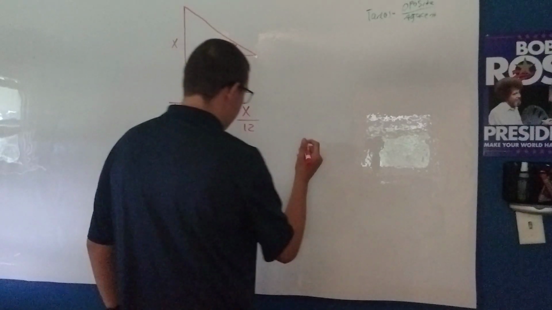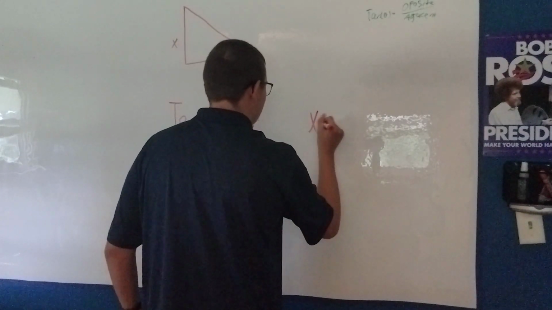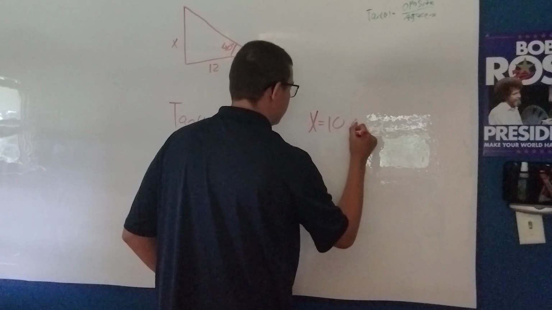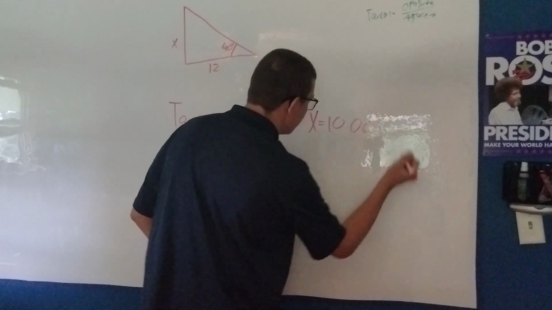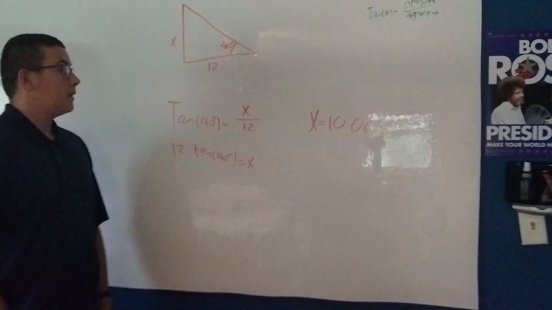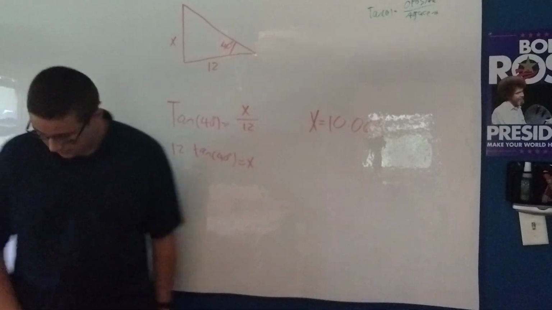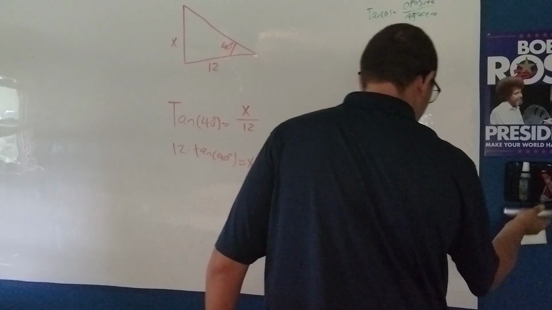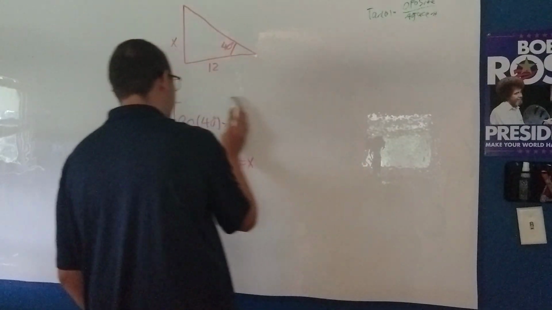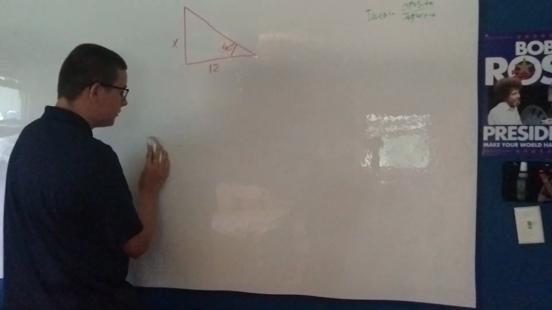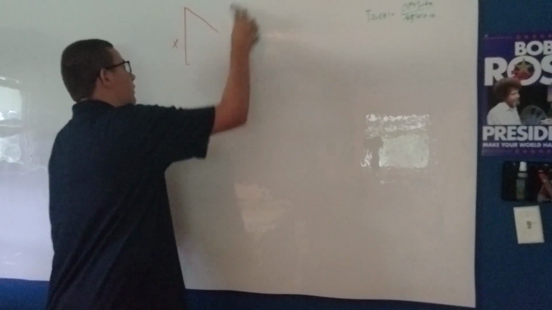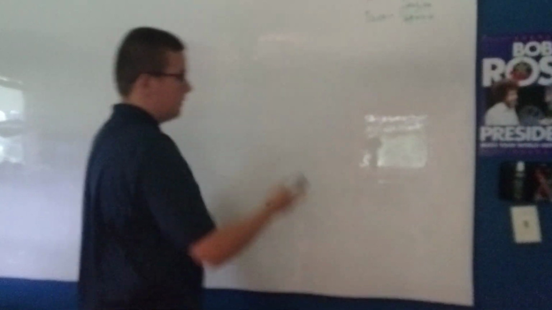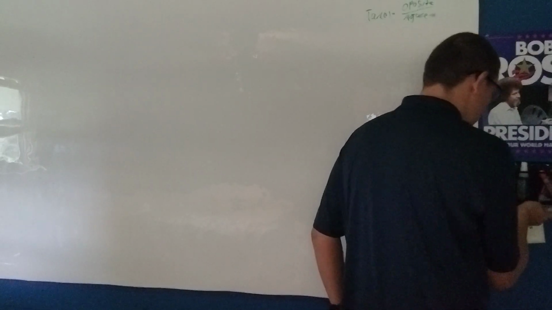So you could say that x equals 10.069, and that would be your answer for x. So I'll go through a couple more, and then I'll have you do some on your own. Well, I guess I'll walk through them all. You can do them however you want on your own.